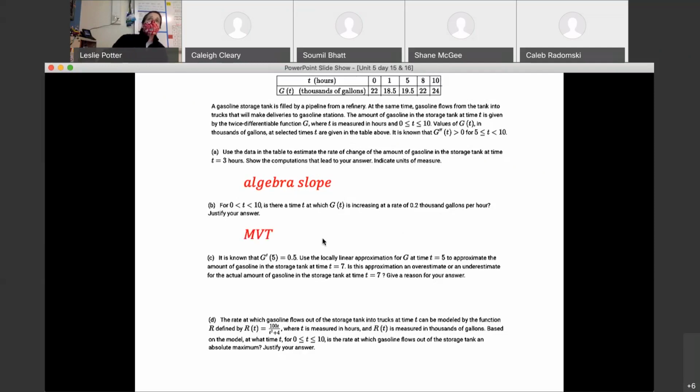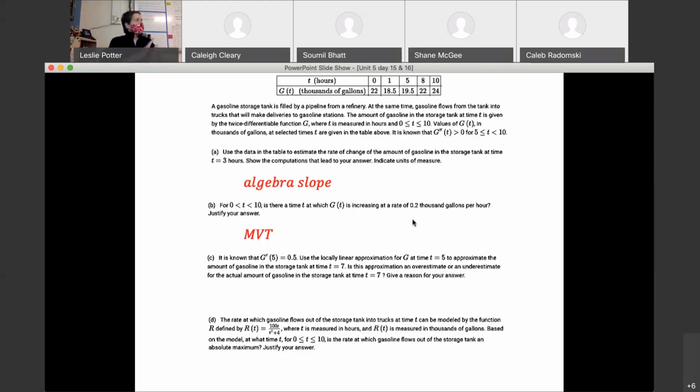So this is going to be using your mean value theorem to say, can I use this information? Is there a time G of T? This is a tricky one because I have this slope. Is my G of T realistic? It's actually having you find one of the values in that slope calculation.